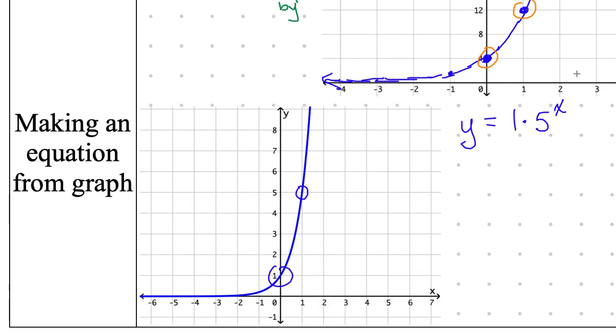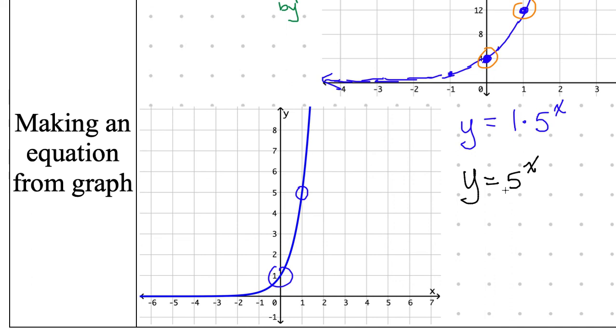Yeah, and then Larissa, your equation is not going to look like that quite on Khan Academy because 1 times anything is itself. So very frequently this is going to be looking like y equals just 5 to the power of x. They're both the same exact answer though. This one is a little bit more simplified. Yeah, good job. Are there any questions on how Larissa did that last example, making an equation from a graph?